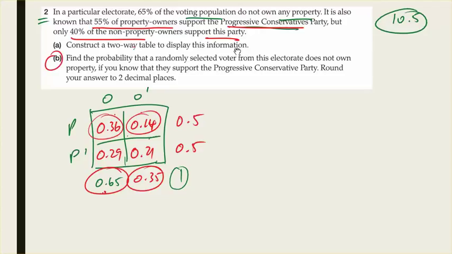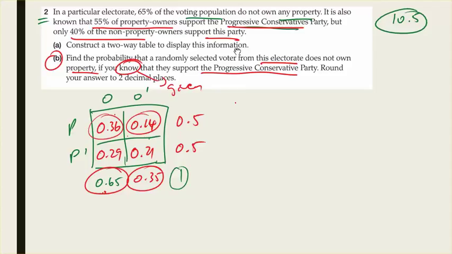Now part B says find the probability that a randomly selected voter from the electorate does not own property, given that they support the Progressive Conservative Party.